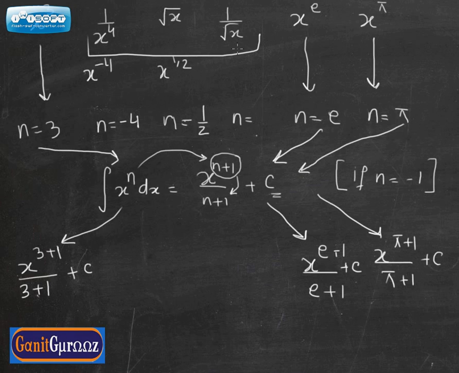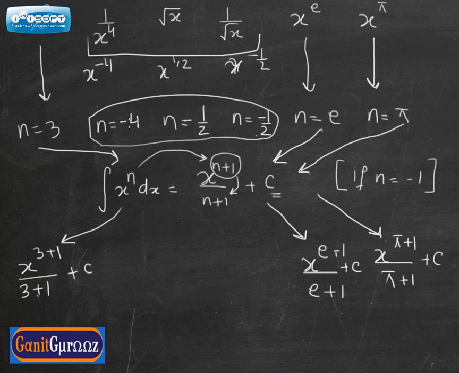In this case, the power of x is 1/2, but it's in the denominator, so I can write this as x raised to power minus 1/2, and my n in this case would be minus half. So in these cases, my power is a negative integer, a fraction here, and a negative fraction here, but the formula doesn't change.